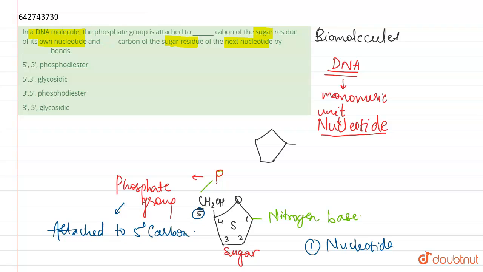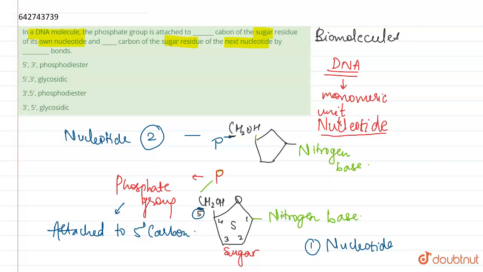Here again the nitrogen base, and here you will have the fifth carbon, CH2OH, and the phosphate, of course, attached here at the fifth carbon. So this is our nucleotide number 2.